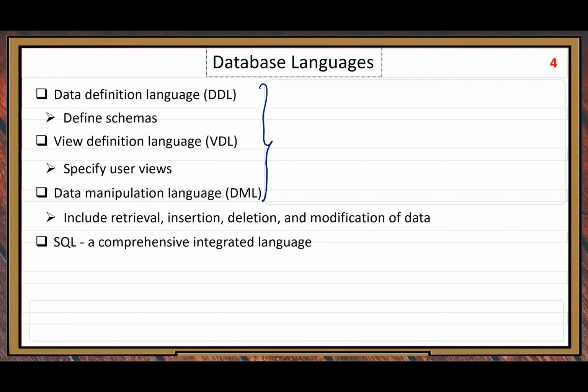In SQL, we have everything of the three types above, DDL, VDL, DML. But we do not need to separate which part is DDL, which part is VDL, which part is DML. That's not important. We just use SQL to get our job done. So when we use the SQL language, we don't care about the specifics of those three different types of database languages.